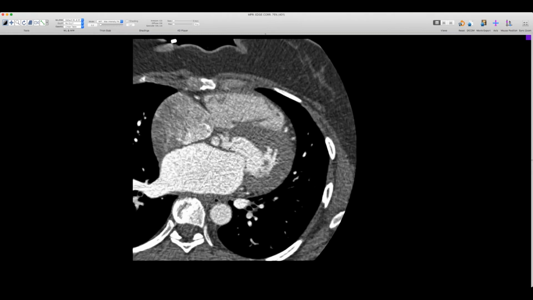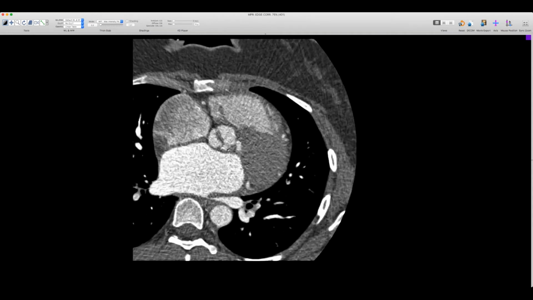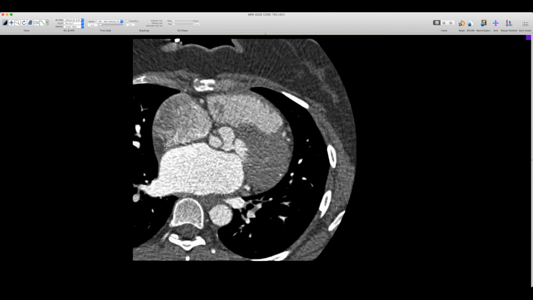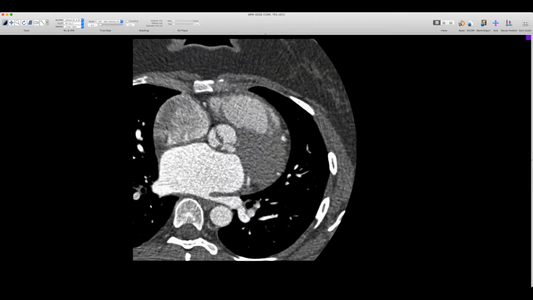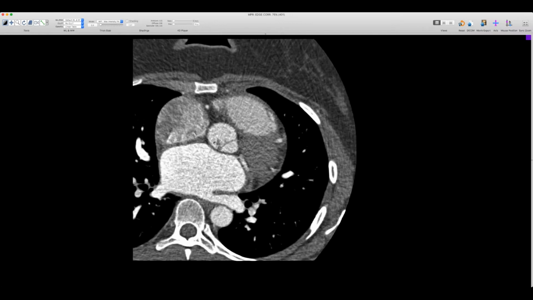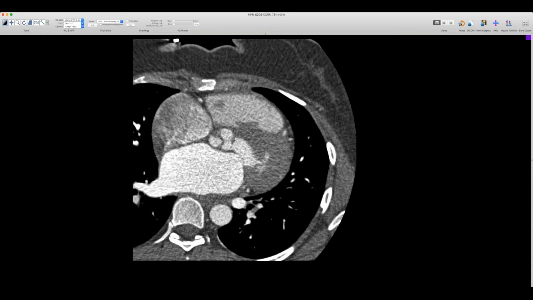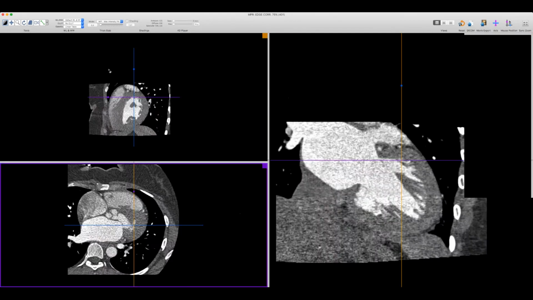You can see here as you scroll through the axial images that the aortic valve is abnormal. It's three leaflet, but there's asymmetric thickening of the valve leaflets toward the right and non-coronaries, and as you scroll down, something abnormal going on right here, and we're going to reformat that.